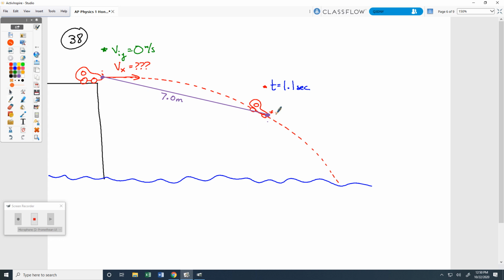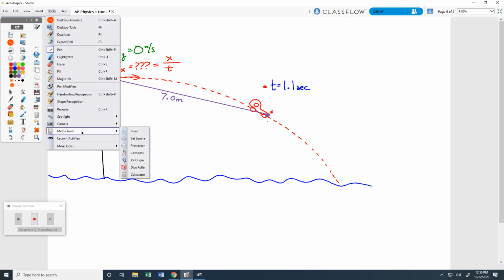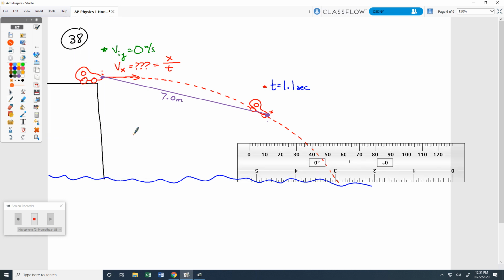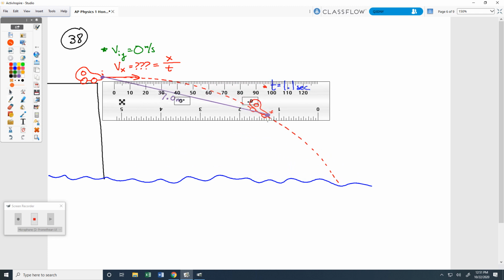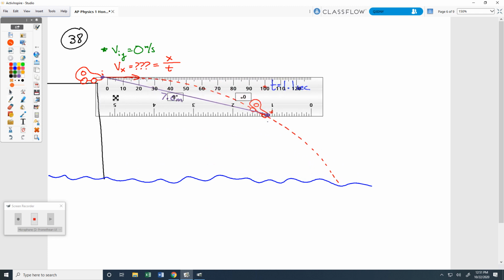But if I'm going to try to find Vx, what I really need is I need to know x and I need to know t. Well, I have a t. I really need to go after this by finding an x. Well, here's the cool part. We should be able to measure how far over horizontally this thing goes. So I'm going to use my little ruler here and measure horizontally to that spot.